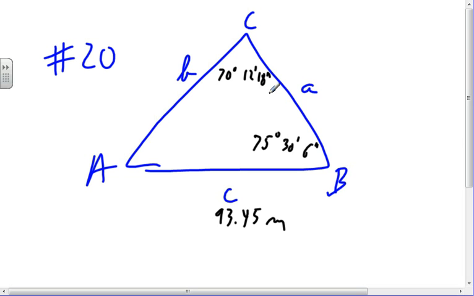Okay, so I'm going to take 70, math, degrees, minutes, seconds, degrees, and then I'm going to take 12, second function math, not second function math, you idiot. How do I go back?